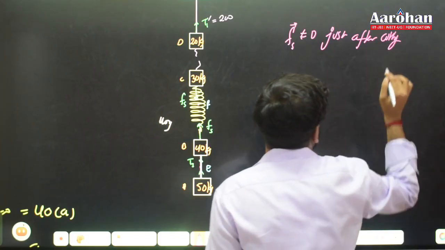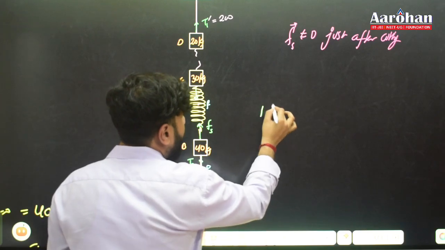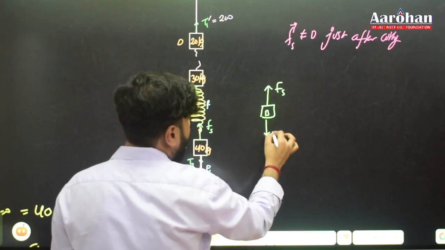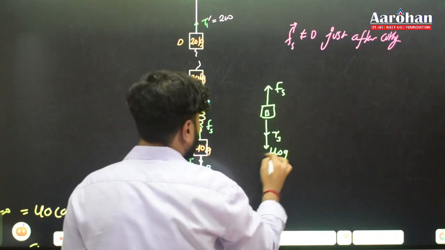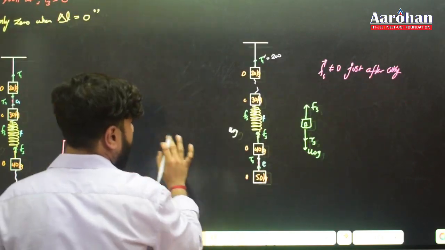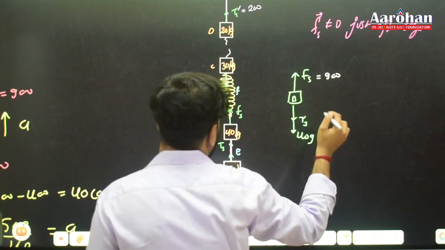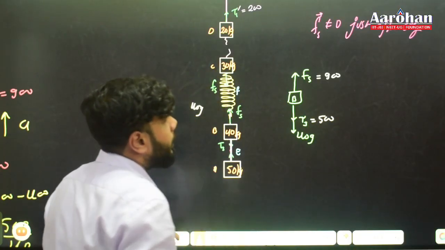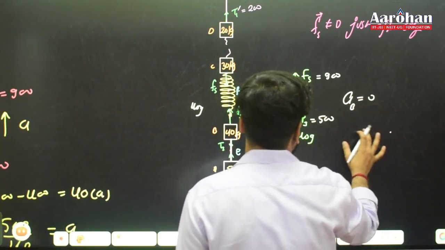So if you draw the FBD for B, because Fs is not 0, Fs is upward, T3 is downward, and there is 40 g force. Fs is 900 and T3 is 500, and you can see both forces are cancelling out each other, and the acceleration of B will be 0, just as I said.